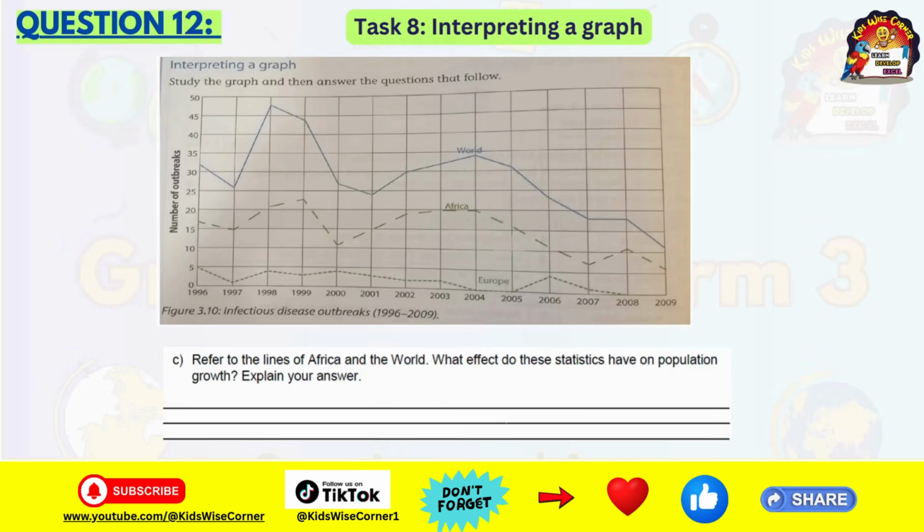What effect do these statistics have on population growth? Explain your answer. So looking at this, we can see there's fewer outbreaks.